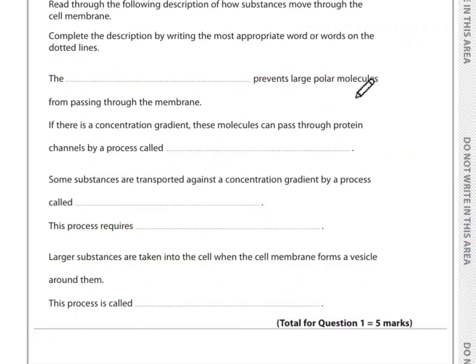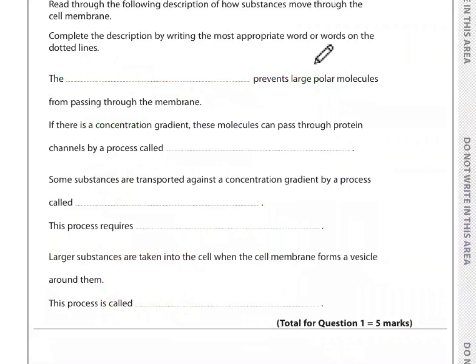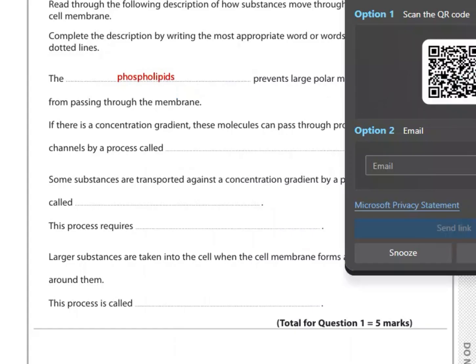The dash prevents large polar molecules from passing through the membrane. So the cell membrane, which is known as the phospholipid bilayer, prevents the larger molecules from getting inside the cell. It protects the cell. So the first answer is phospholipid.